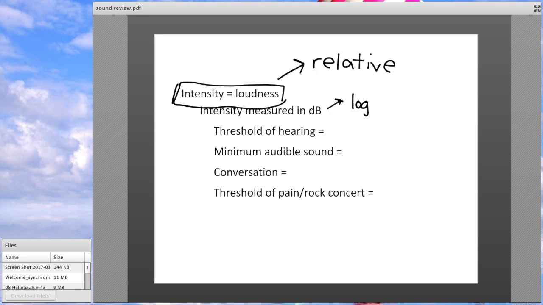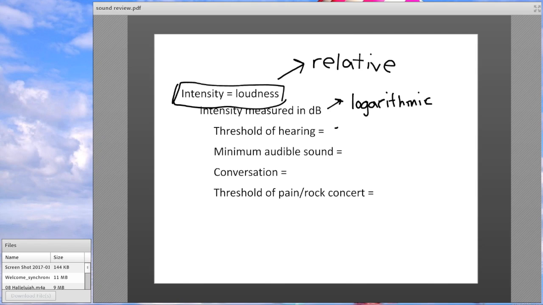Just like something that has a pH of 2 is 10 times more acidic than something with a pH of 3. I can't spell these big words while I'm talking. The same with the decibel scale. Something that has 2 decibels is going to be 10 times less than something with 3 decibels.